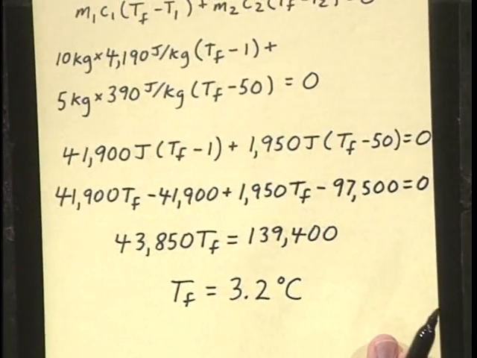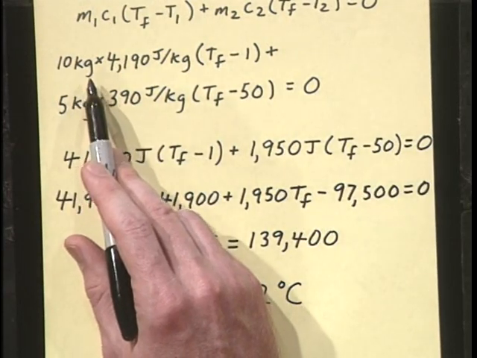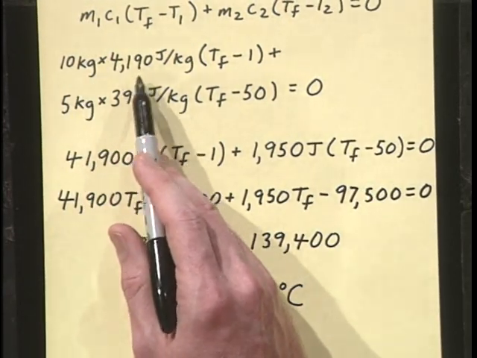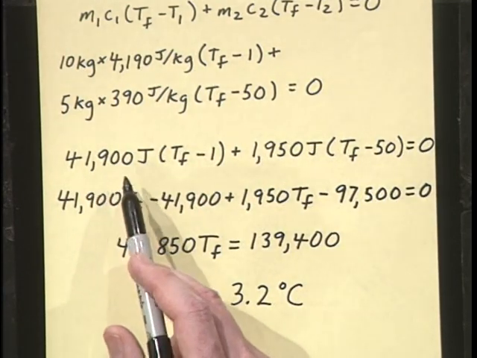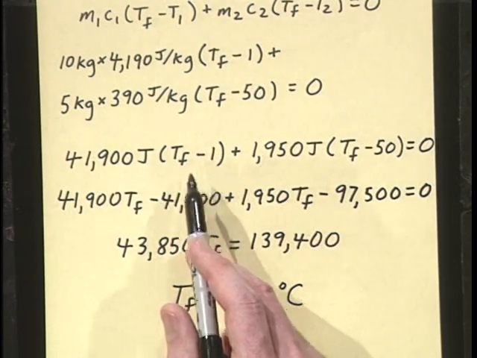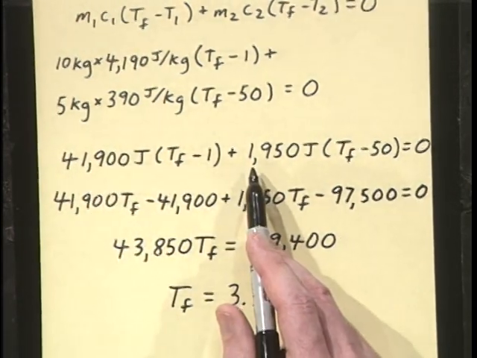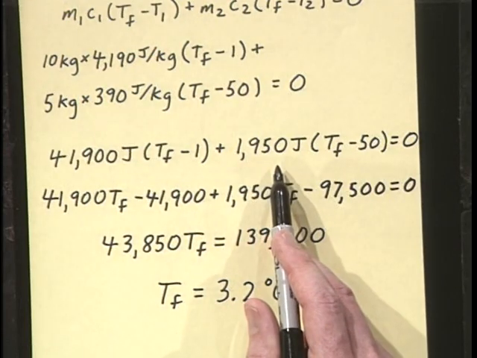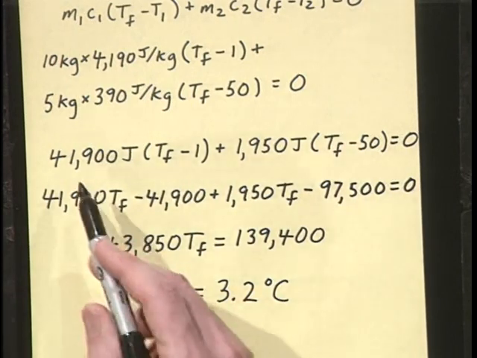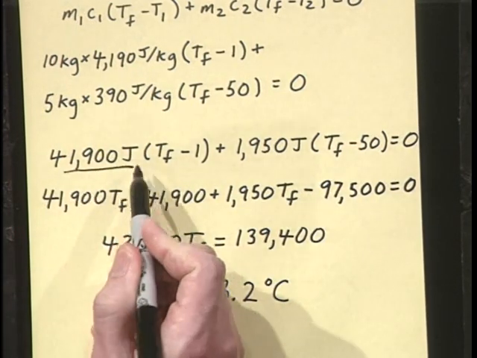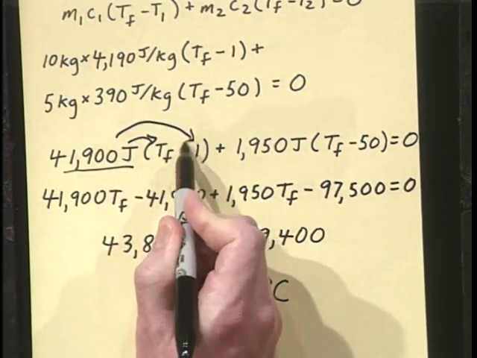So we solve this equation out now. We take the 10 and multiply it by the 4,190. That gives us 41,900 times TF minus 1. The 5 times 390 gives us the 1,950. And we can simplify further by multiplying this term by the first term and then by the second term.